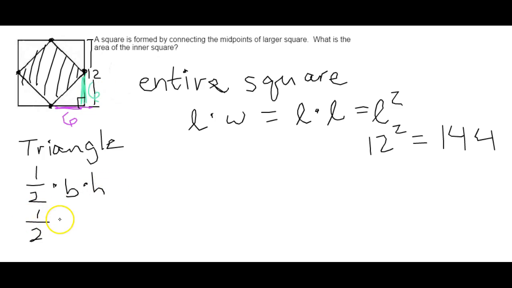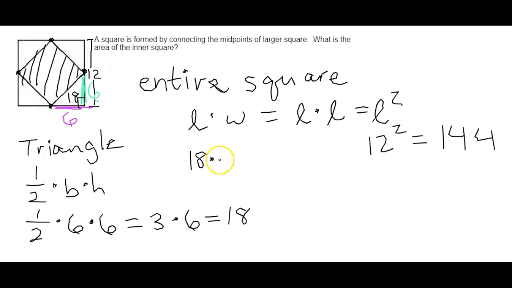So 1/2 times 6 times 6. 1/2 times 6 is 3, and 3 times 6 is 18. So one triangle is 18. We need all 4, so we do multiply 18 times 4 to get all 4 of the triangles. 18 times 4 is 72.